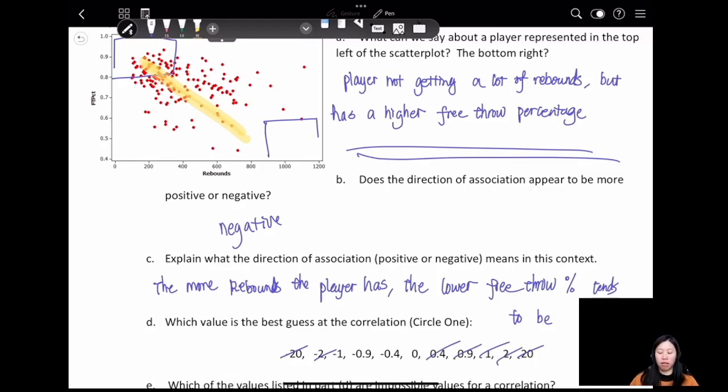Now we have 0, -0.9 and -0.4. Definitely not 0 because you can still see the trend is going down. So which one is more accurate, -0.9 or -0.4? -0.9 is a really strong correlation. -0.4 is relatively scattered. From this graph, I would say it's relatively scattered rather than a strong correlation. So I cross this as well.